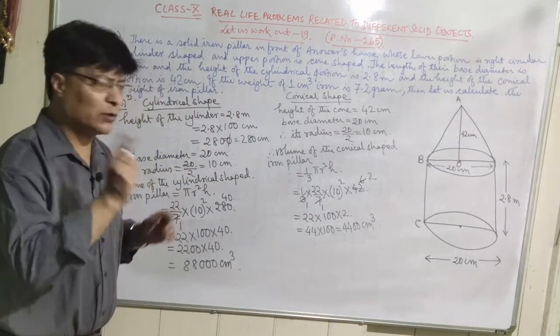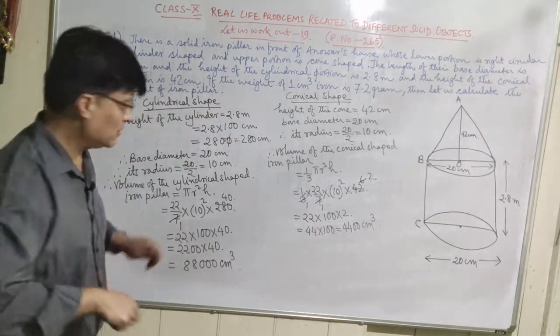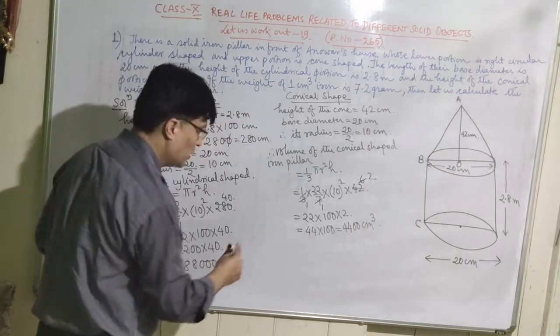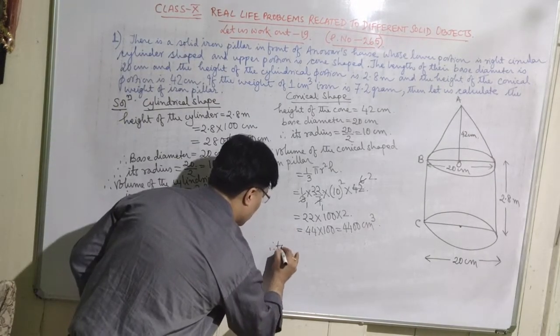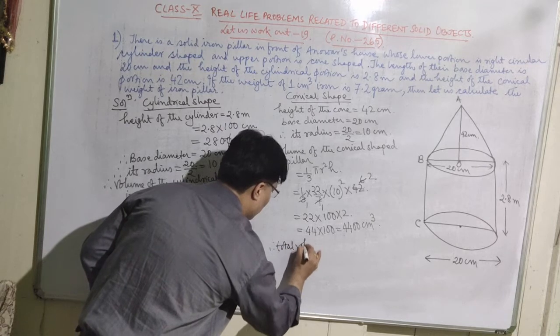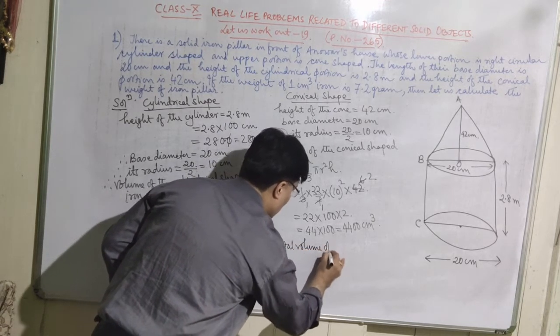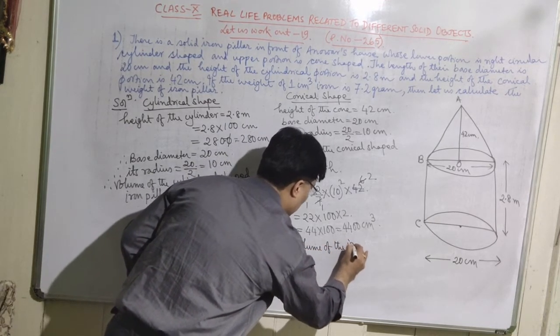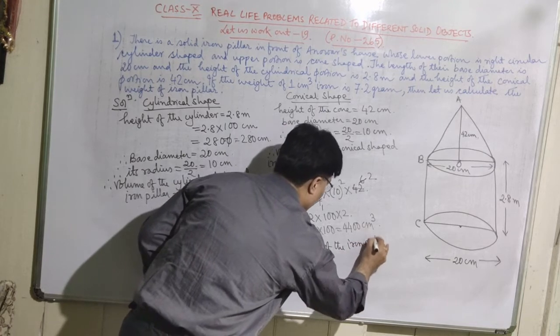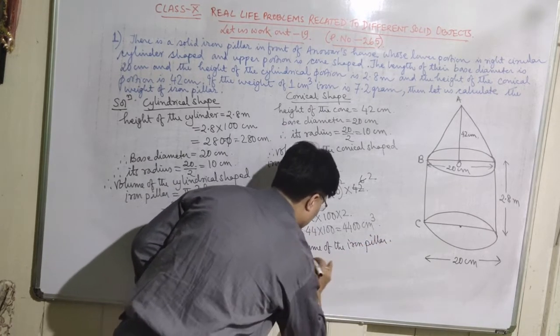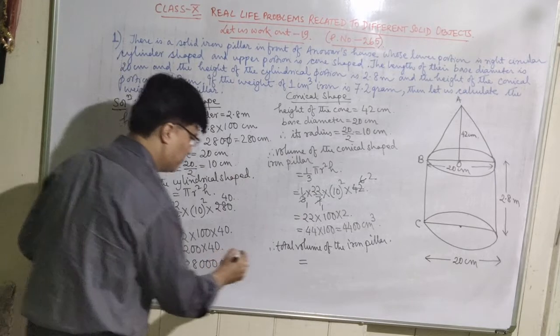So what is the total volume of the iron pillar? You have to add these two. Therefore total volume of the iron pillar is equal to, let us add them.